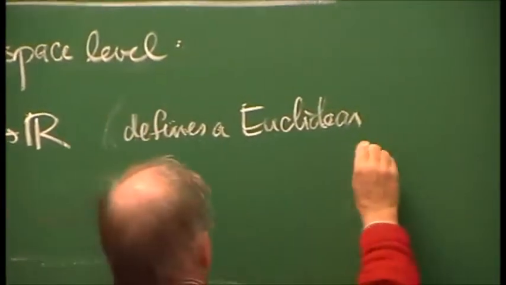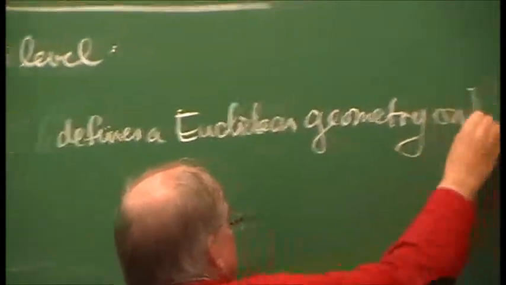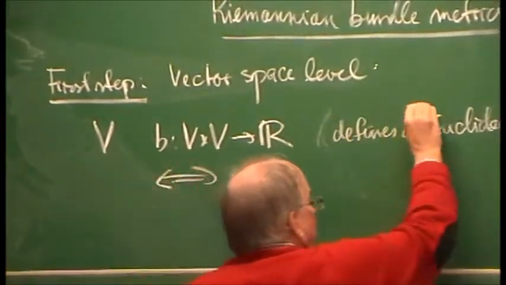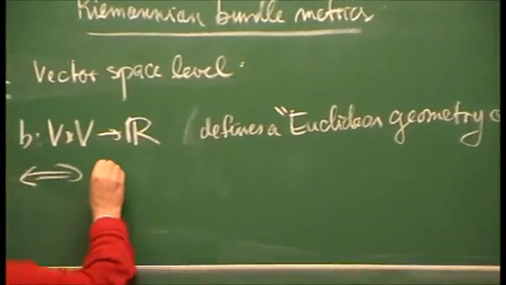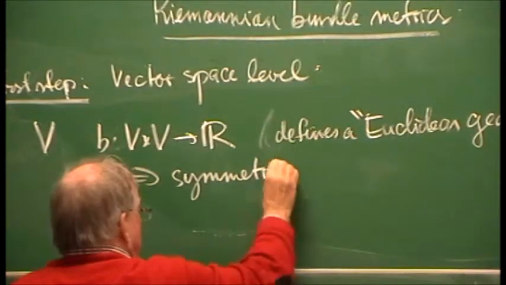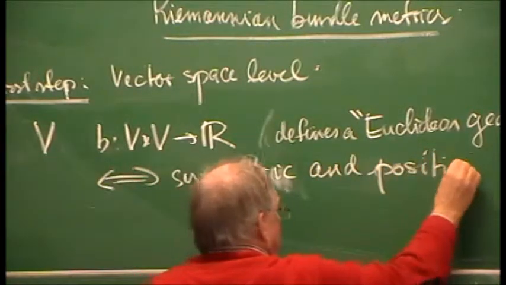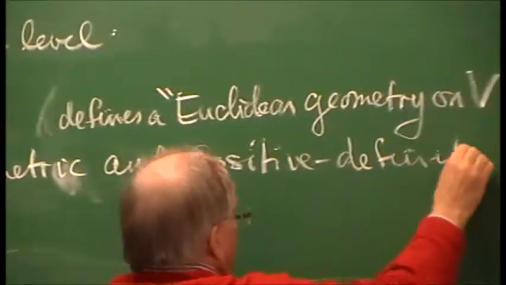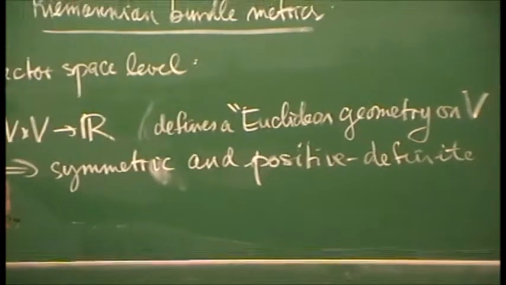So a bilinear form defines a Euclidean geometry on V if and only if, you like, this is a definition, if and only if B is symmetric and positive definite. Symmetric is clear what it means. Well, I hope both are clear.